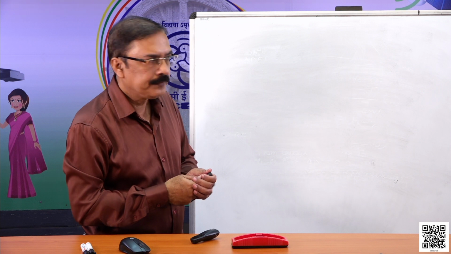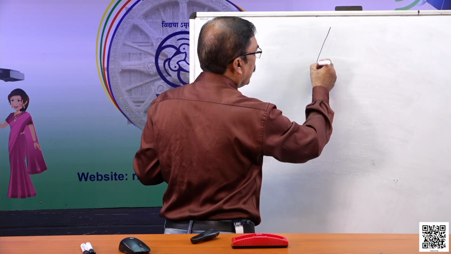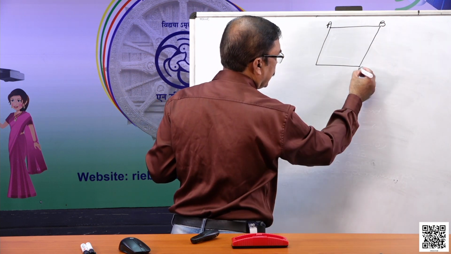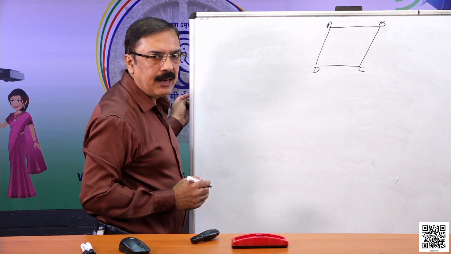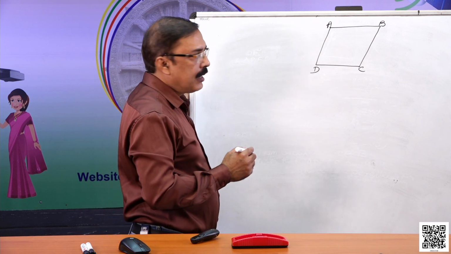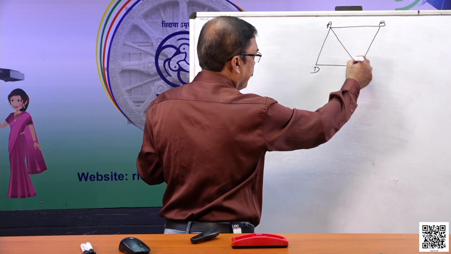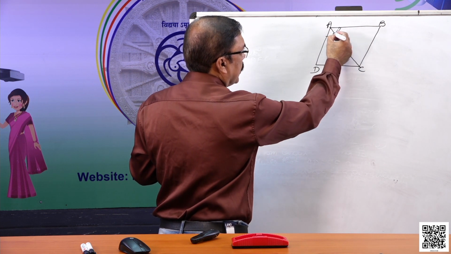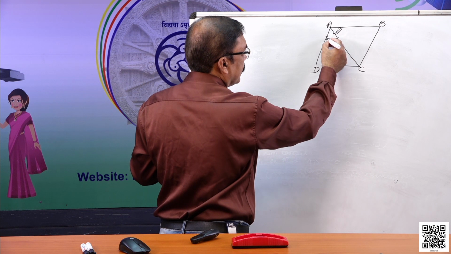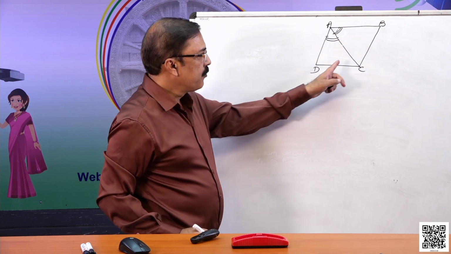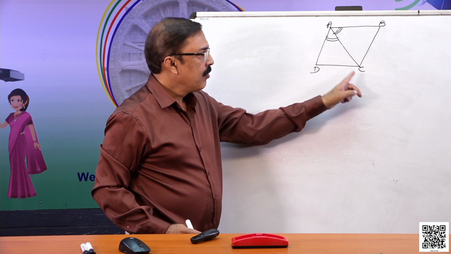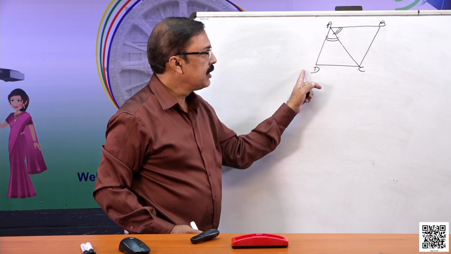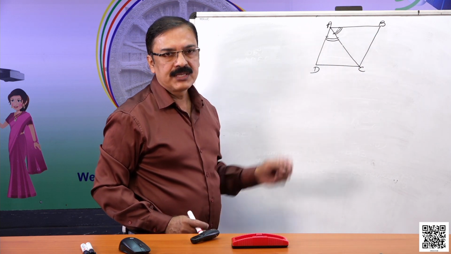Now, see, given ABCD is a quadrilateral and the diagonal AC bisects angle A, means angle BAC is equal to angle DAC. Then we have to prove that this diagonal bisects angle BCD. That means we have to prove angle ACD is equal to angle BCA.